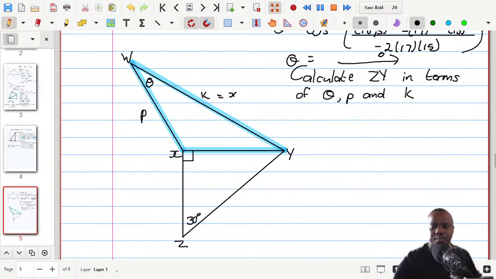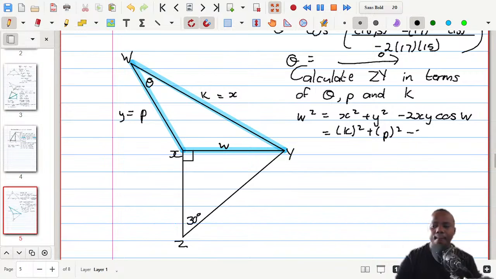So this is going to be x, this is going to be y, this is w. So cosine rule, w squared is equal to x squared plus y squared minus 2xy cos of w. So this is going to be equal to k squared plus p squared minus 2kp cos of theta.